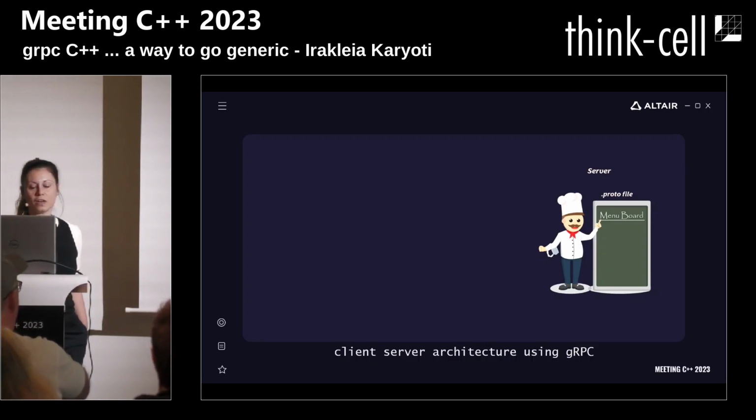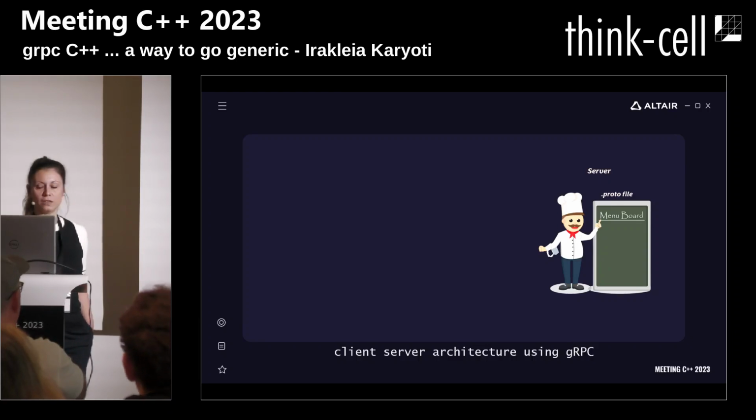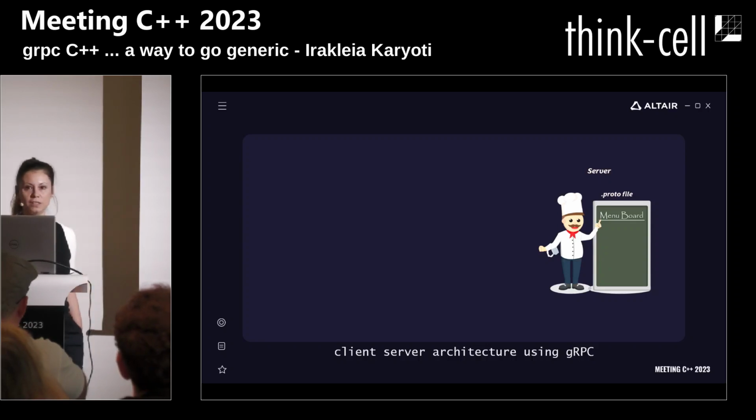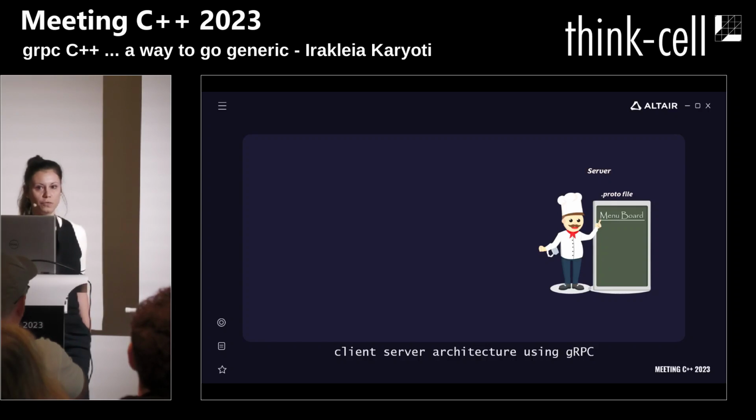The server, in this case, provides, for example, one service, which I call an order service, with some methods grouped under the service. And again, it publishes the message types that it is going to exchange with the client. That is done through a .proto file that we will see on the next slide.